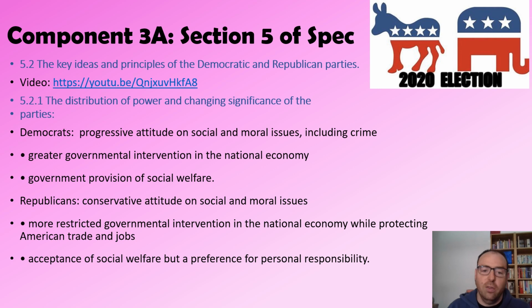More restricted government intervention in the national economy whilst protecting American trade and jobs, or just protecting American industry, with all the examples under Trump, and the acceptance of some social welfare, but a much greater preference for personal responsibility. So you need to know about all the different details on the Democrats and Republicans, and I'm sure, again, this is something that's really engaging and interesting. This is something that you'll all be completely across. The video on there will help.